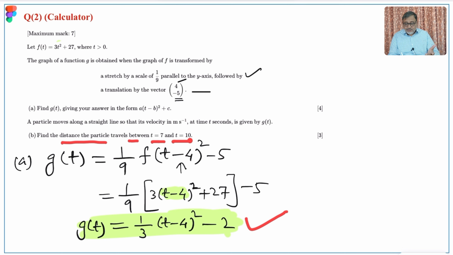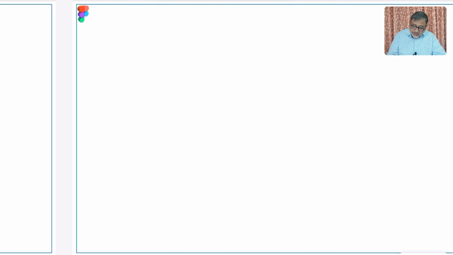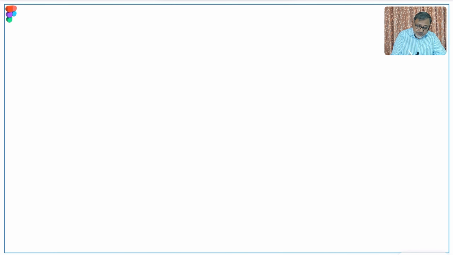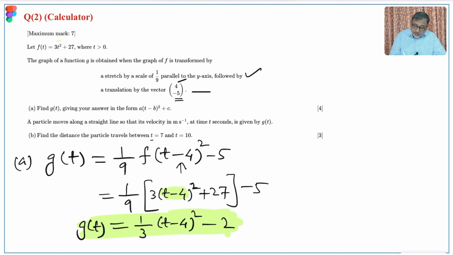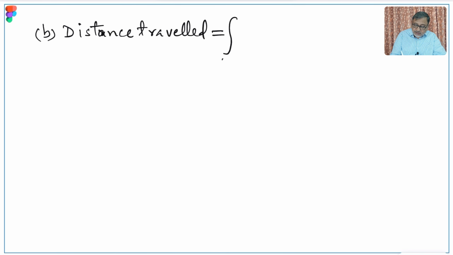Now look here, this is velocity. So when you integrate, it becomes displacement, but when you take the modulus of that integral, then it will become the distance moved. So for part b, distance travelled will be equal to the integral from 7 to 10, since the time is between 7 and 10 seconds.